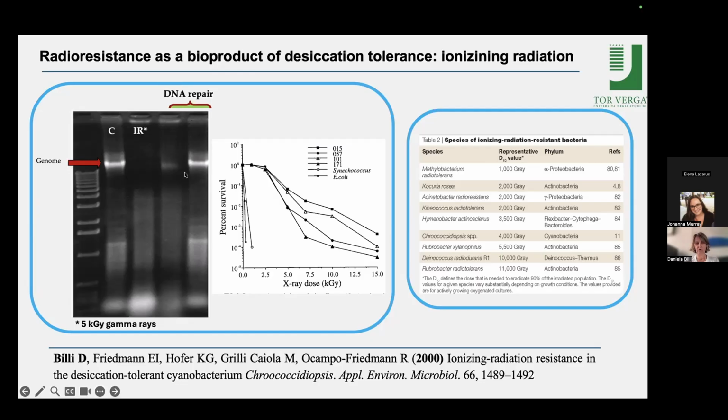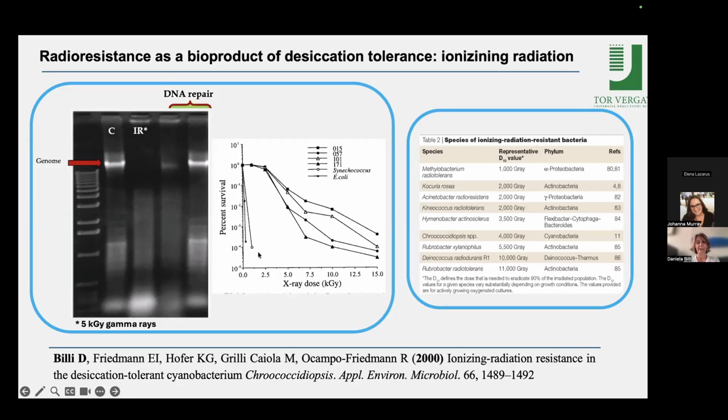And so all the proteins involved in DNA repair can work. Here you see a comparison between four different Chroococcidiopsis strains from different deserts: from Antarctica, from Mexico, from Sinai in Egypt, and from the Negev in Israel. And you see a comparison with Synechococcus, which, like Synechocystis, is very susceptible to desiccation and radiation, and E. coli, which is also very susceptible.